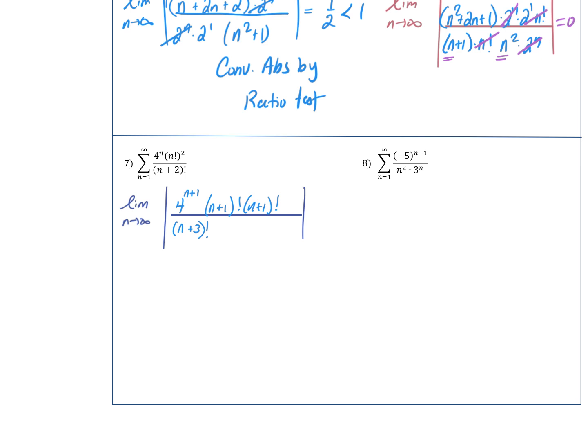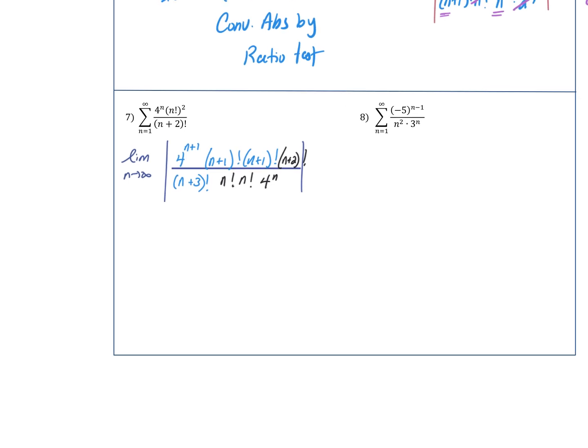Let me think about this for a second. n plus 1 factorial squared means it's just 2 times. Now I need to flip it. I didn't give myself much space here, but this would be n plus 2 factorial, and then this would be n factorial 4 to the nth power. So we've got the limit as n goes to infinity.